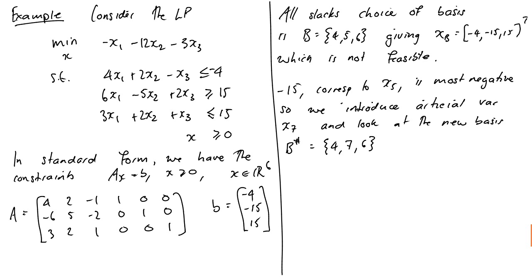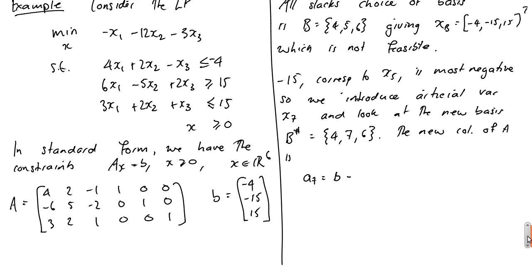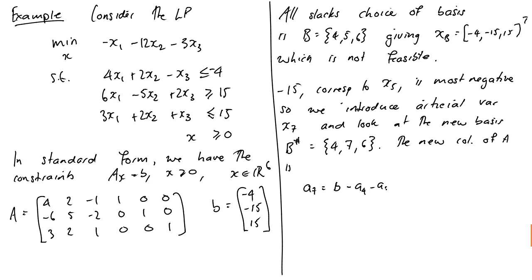The new column of A, A7, just applying the formula from before, is b minus the sum of the basis columns, which is b minus A4 minus A5 minus A6, which equals b minus A4 minus A6, which if you check for yourself is equal to -5, -15, and 14.